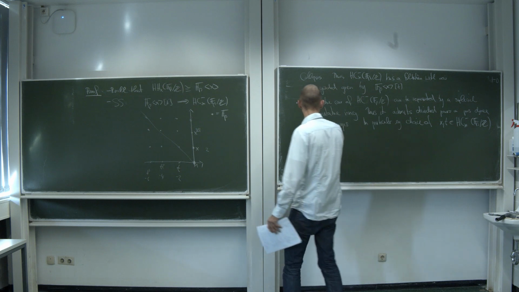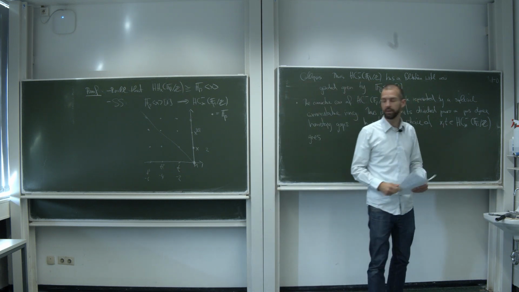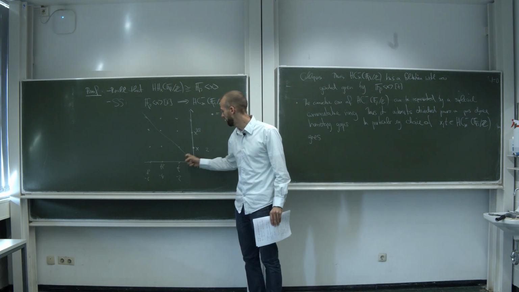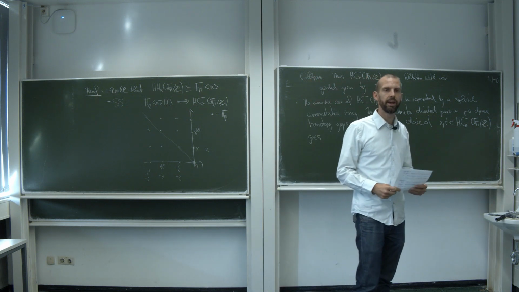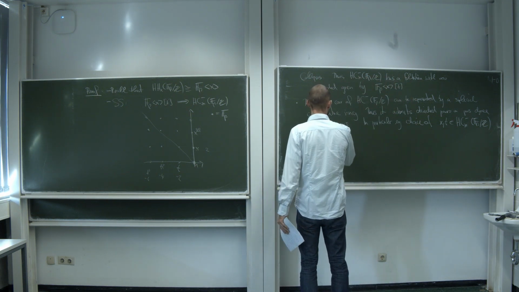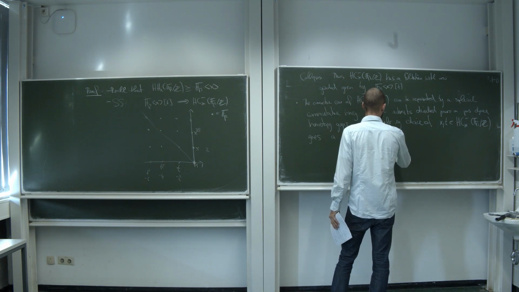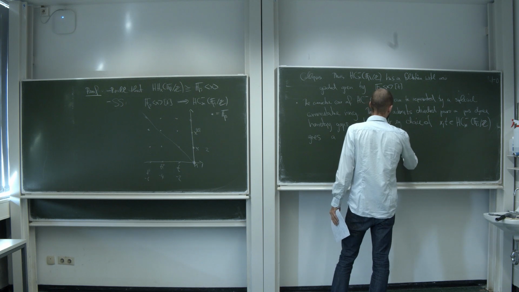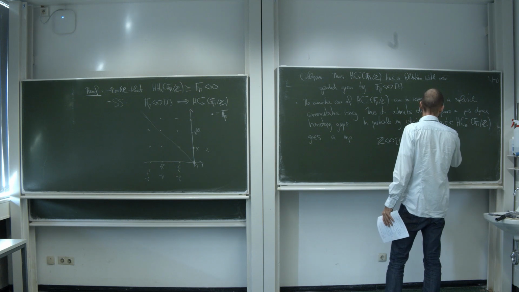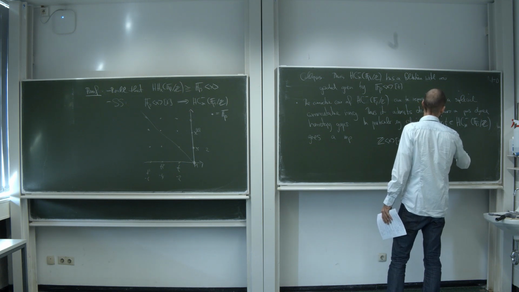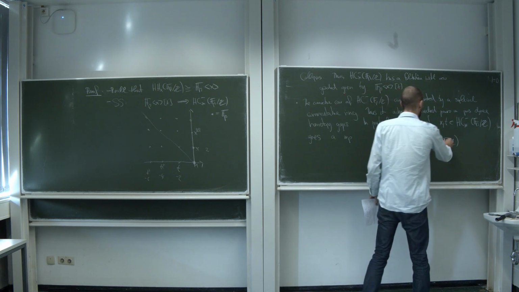gives rise to a map. A priori, I'm confusing notation a little bit: x and t are elements on the E2 page of the spectral sequence. But as soon as I pick choices, which I also denote x and t, I get a map from Z[x, t] into HC star minus of Fp relative to Z. I just pick a choice of x, a choice of t, and then I get a map like this.